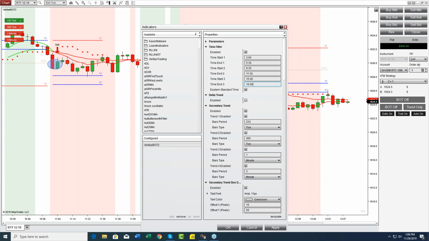So now it's set to trade 3 different times throughout the day, trying to capture the periods where there is the most market movement. Okay, that's your time filter. It will not take trades outside of those hours.